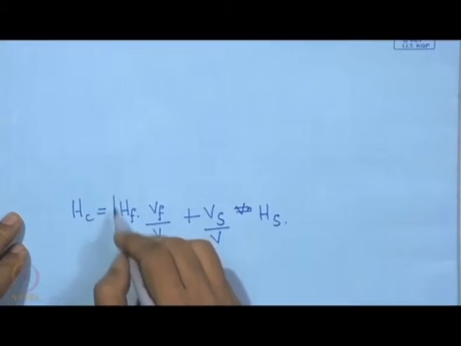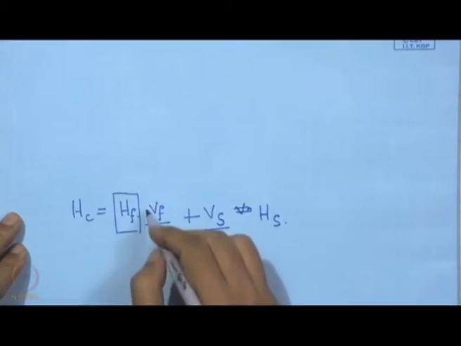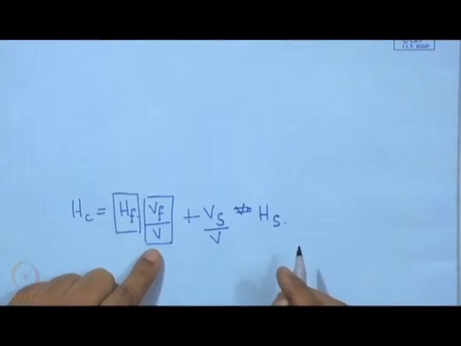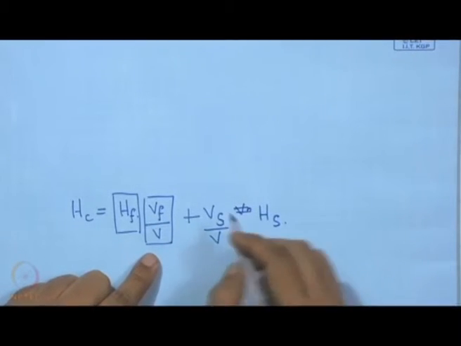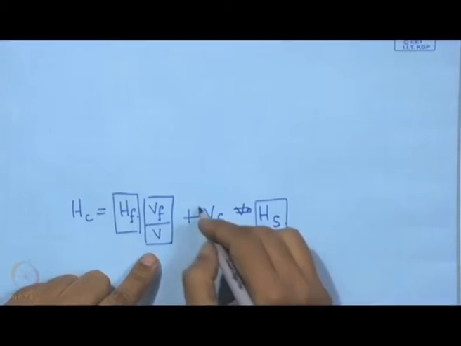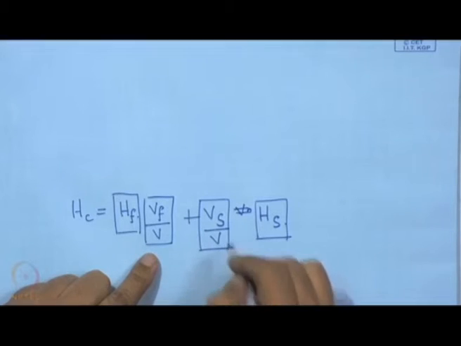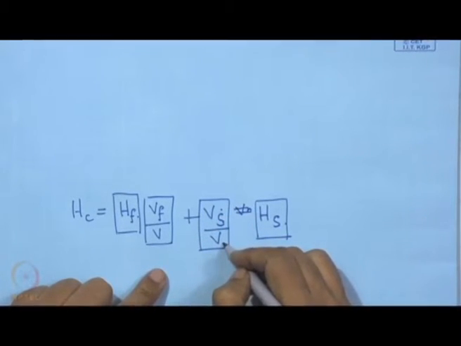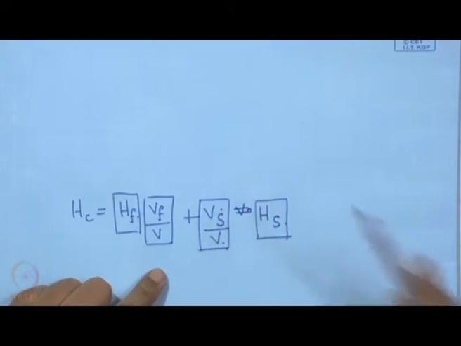So, this is the contribution of the film hardness, which is governed by this law of mixture for volume, Vf by V, and this is actually the contribution of substrate hardness, governed by the substrate volume divided by the total volume.